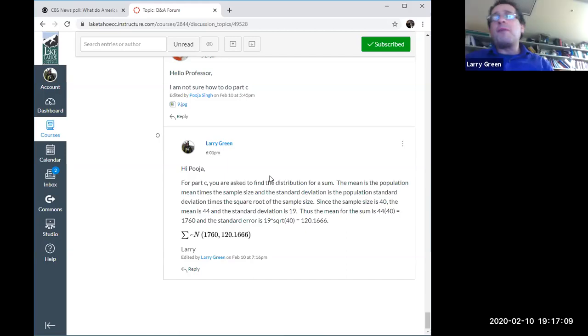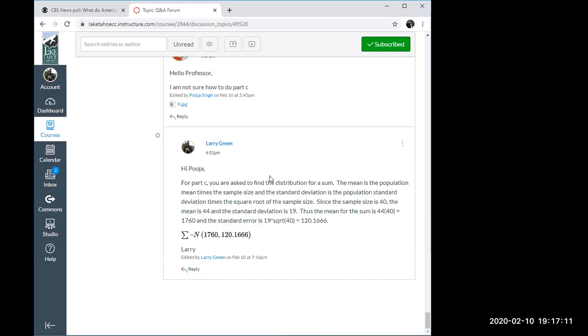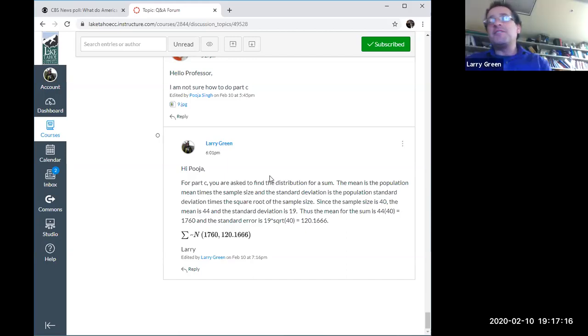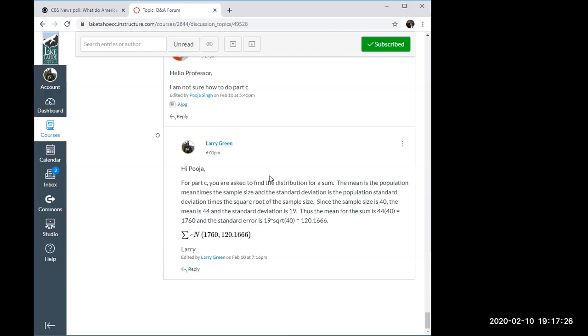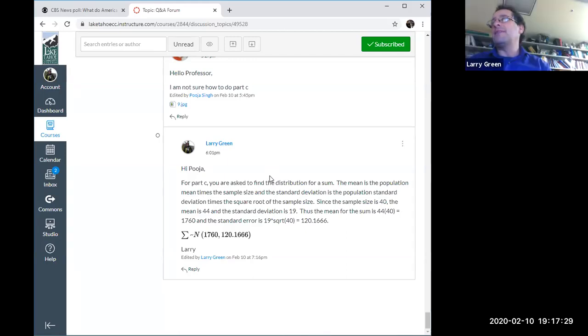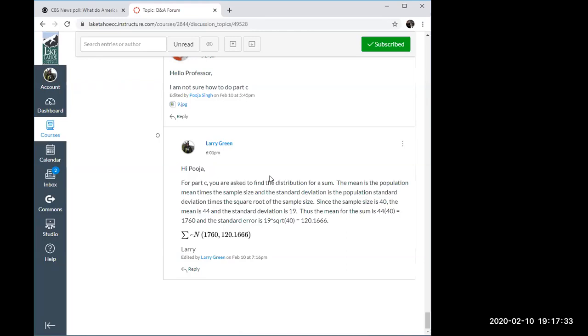Yeah, but remember the word sum means add them up. It means if you were to add them up, then the distribution of what you get after adding them up is that. It's the same thing as saying the distribution of the sum is that. Does that make sense? Yeah. And that's it. It's a formula. Any other questions?